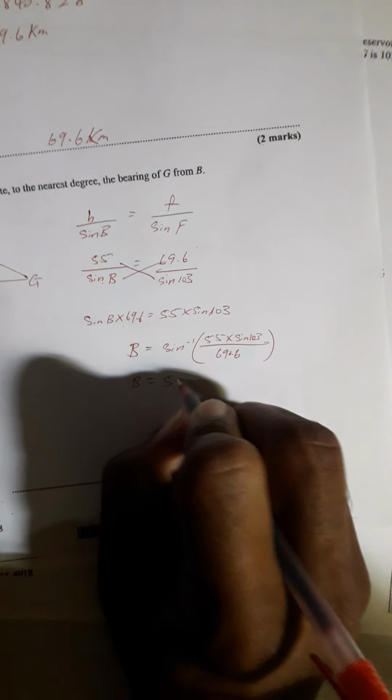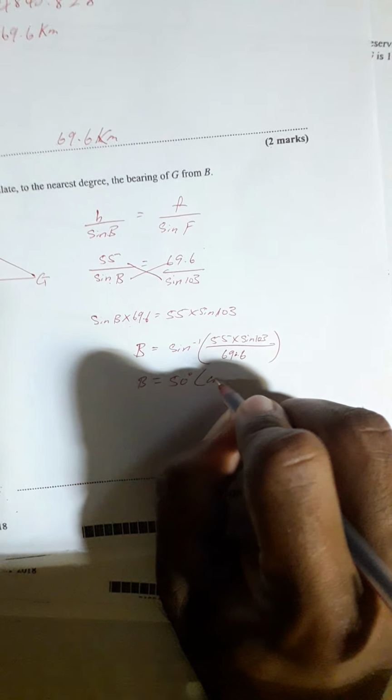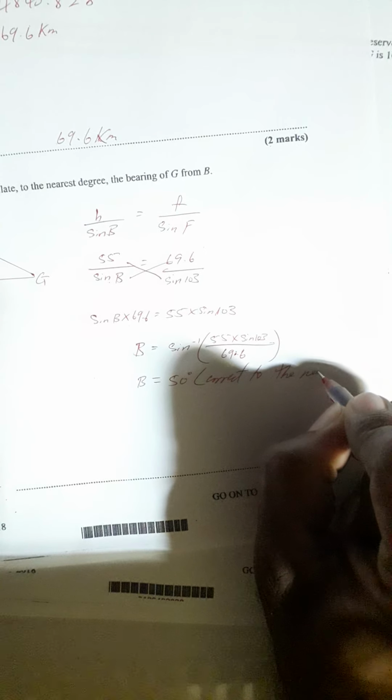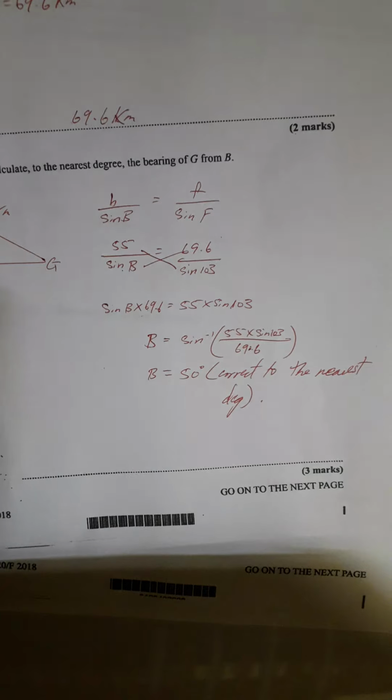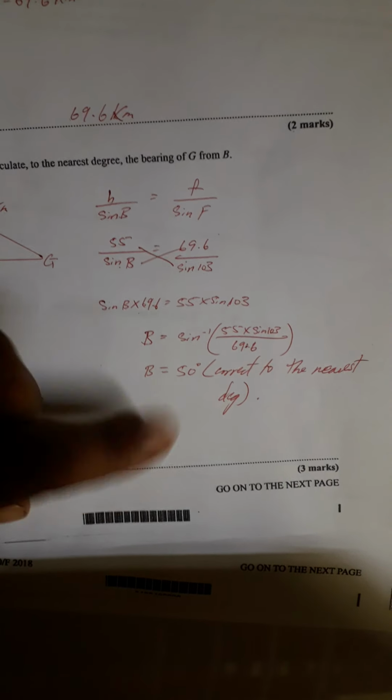Second function, sine, that's how we get the sine inverse, equal, what do we have? It's 50.4. Okay, since we want to write it to the nearest degree, 50.4, the nearest will be 50 degrees. So we just write 50 degrees. In brackets, write correct to the nearest whole number, or to the nearest degree. Okay, that's it. And we get 3 easy marks.